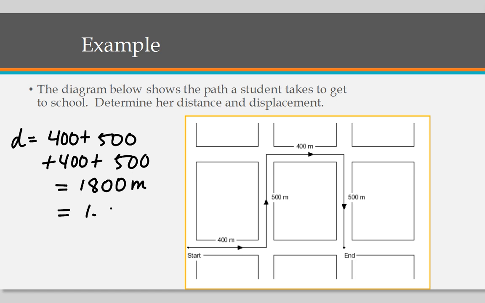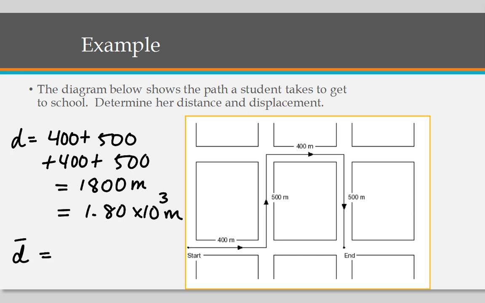We would have to convert this to 1.80 times 10 to the 3 meters. Okay, so it's just a good habit to get into. Ultimately, if you were able to solve for 1800, that's 99% of what's important, but we got to be careful.